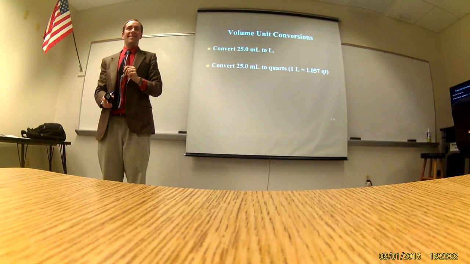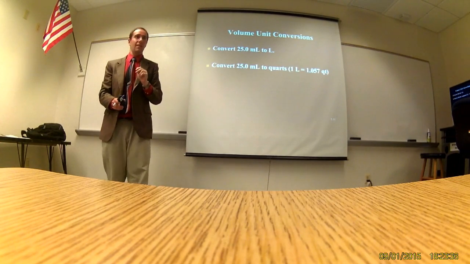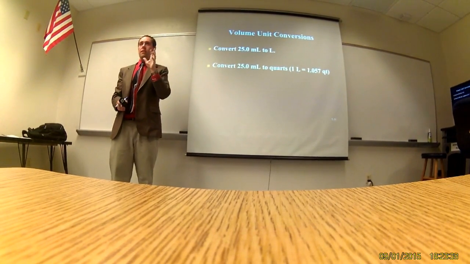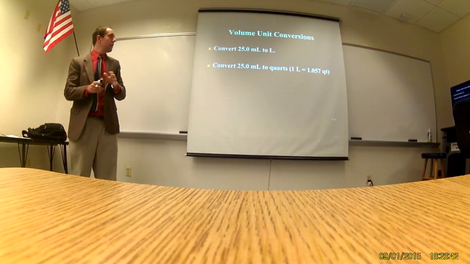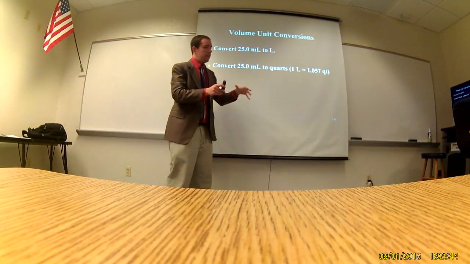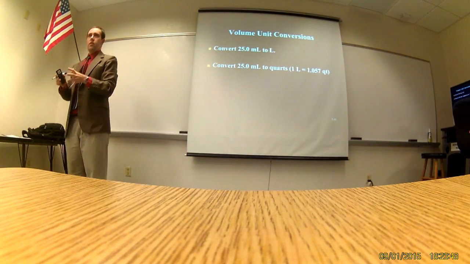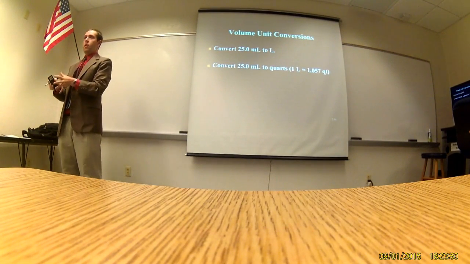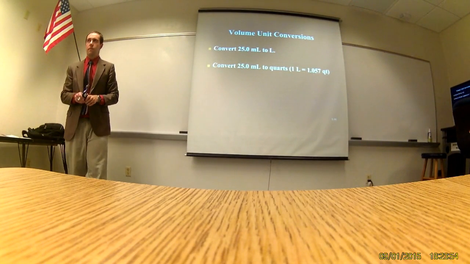Smaller. Think of something you're more familiar with, meters and centimeters. If you go from a centimeter, which is small, to a meter, which is large, your number is going to get smaller. So it's basically like using scientific notation in a way.